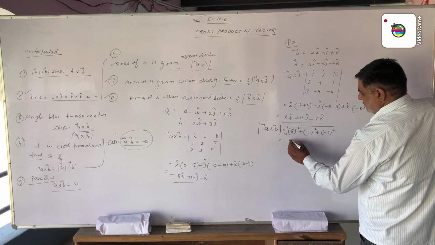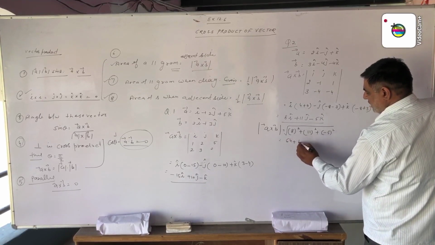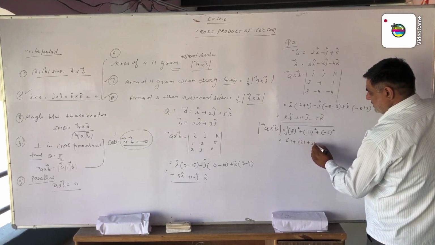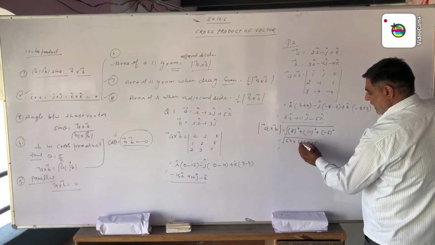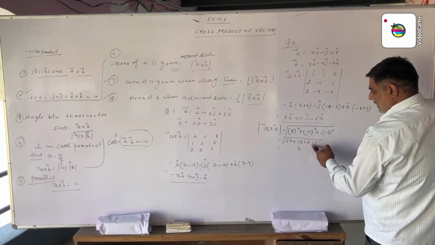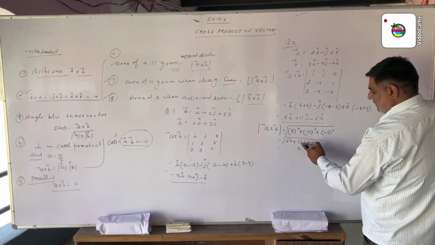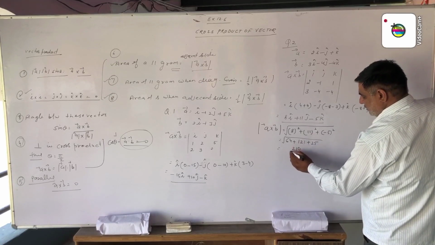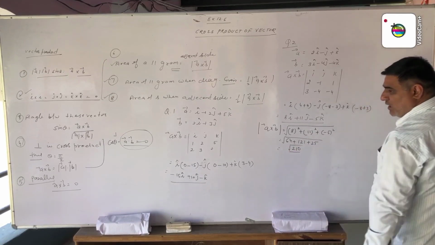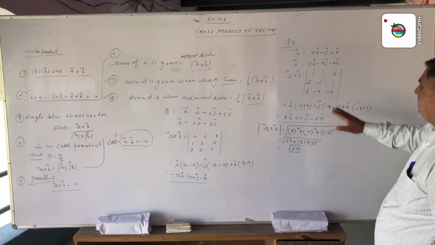We take 8 squared is 64, 11 squared is 121, 5 squared is 25. Now we add these: 4, 9 or 1, 10, 2, 1, 3, 5 or 6, 11, 1 or 1, 2 under the square root. This is the magnitude of this vector.